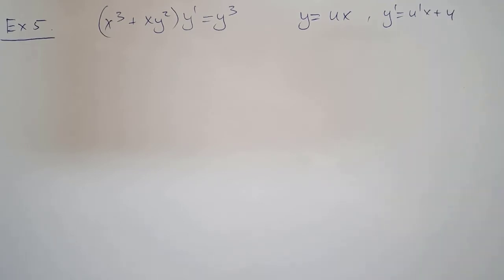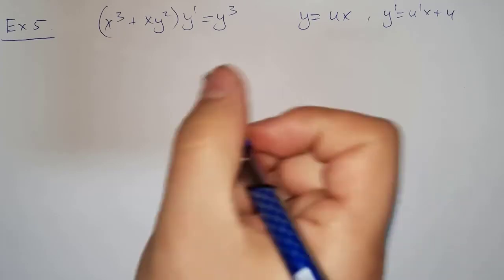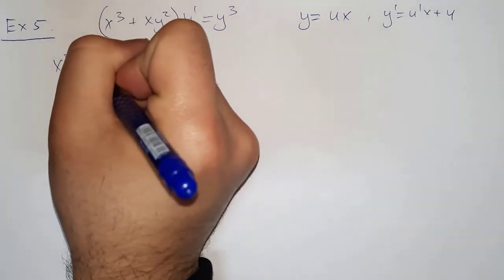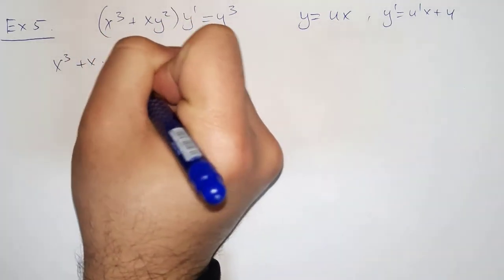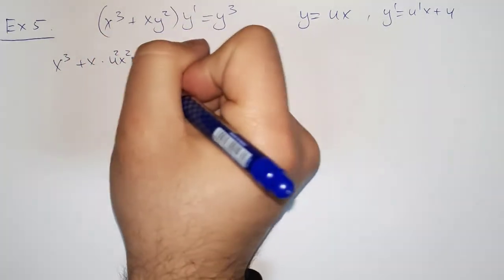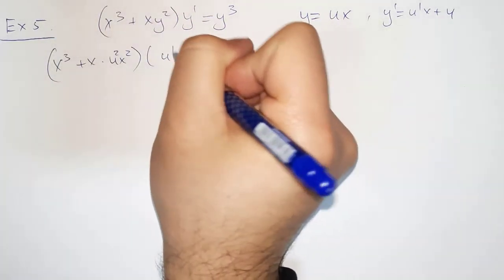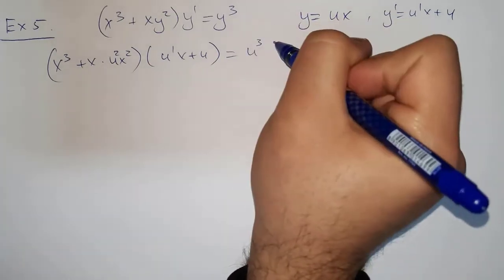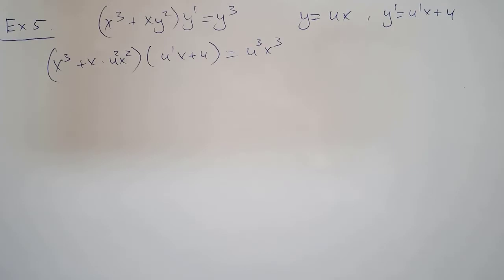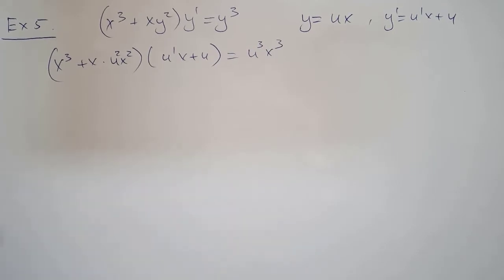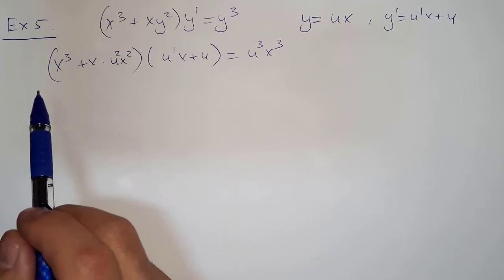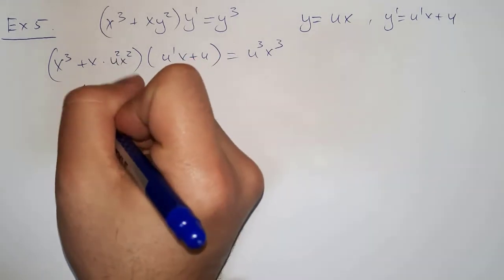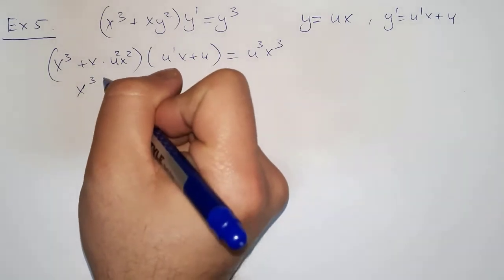Now after substitution, we have here x cubed plus x times u squared x squared, times y prime, which is u prime x plus u, equals y cubed, which is u cubed x cubed. Okay, good. Now let's factorize the left side of our equation, and we can factor out x cubed.